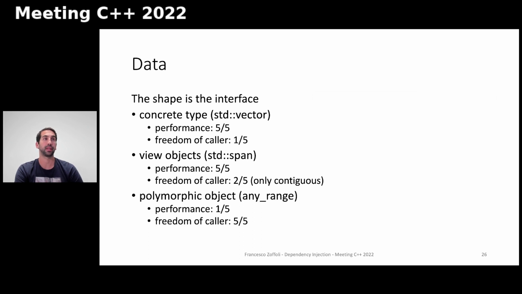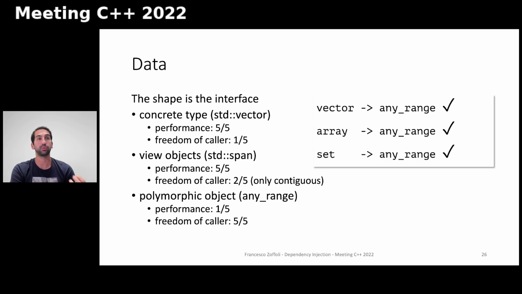And the last option is to get a polymorphic object, for example, any range. Any range is available in Boost, and is available in the range-v3 library. And performance-wise, this is the one which comes at the highest cost, but it gives the most freedom to the caller, because in this case we are really representing any sequence of data, and it works with vector, with array, and with set.